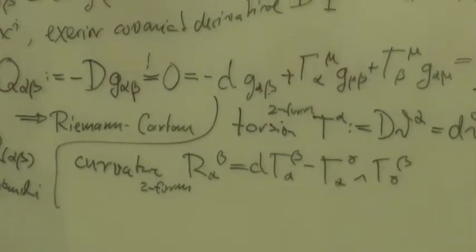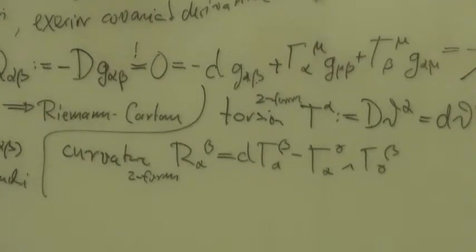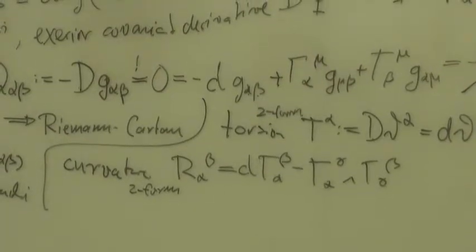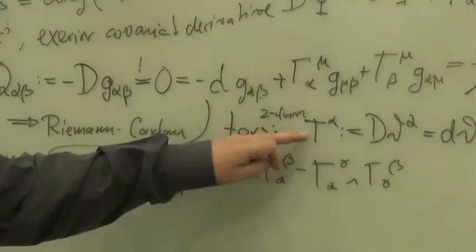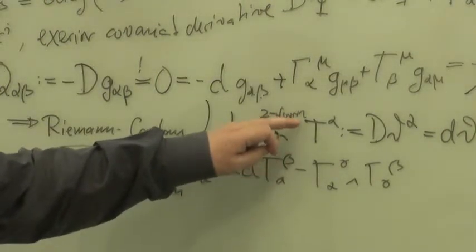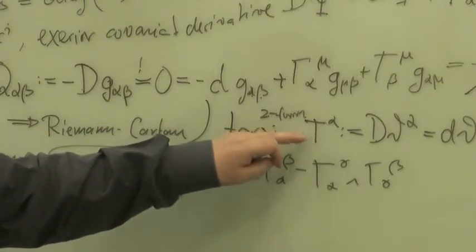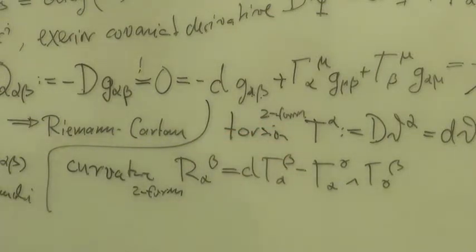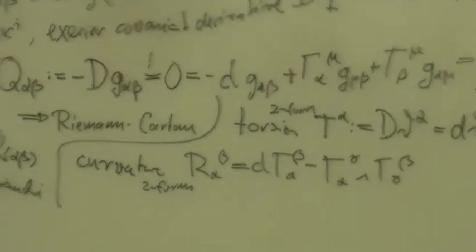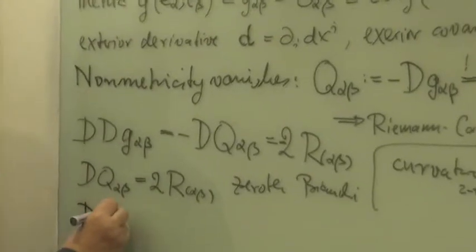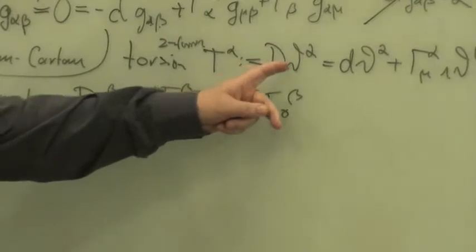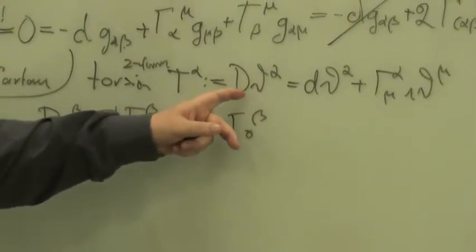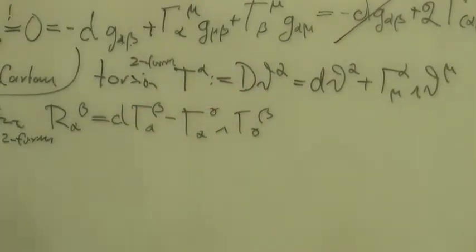Now, we spoke already about the zeroth Bianchi identity. The first Bianchi identity is the identity for the torsion. And this you can easily achieve. You just differentiate covariantly exterior the torsion. And you get here D of the torsion is equal to something with theta, and this you can again evaluate by the Ricci lemma.